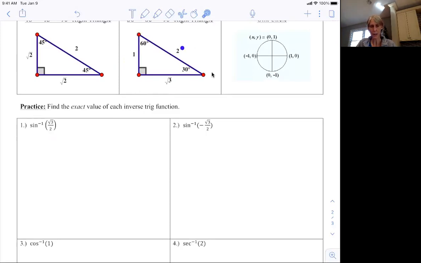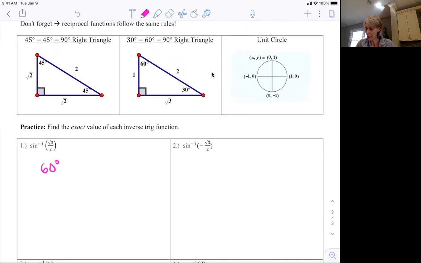I'm going to get it from this angle. So I'm dealing with a 60-degree angle. All I have to do now is look: is my function value positive or negative? My function value is positive, so this angle is my answer. That's all you do.